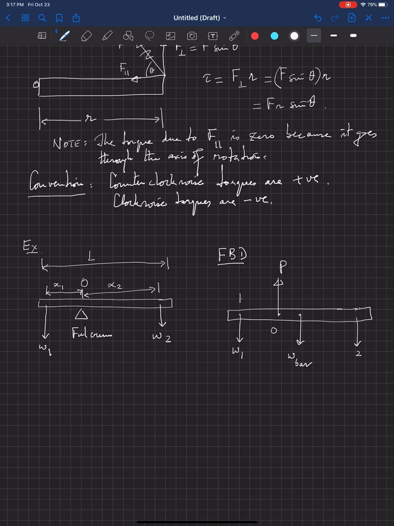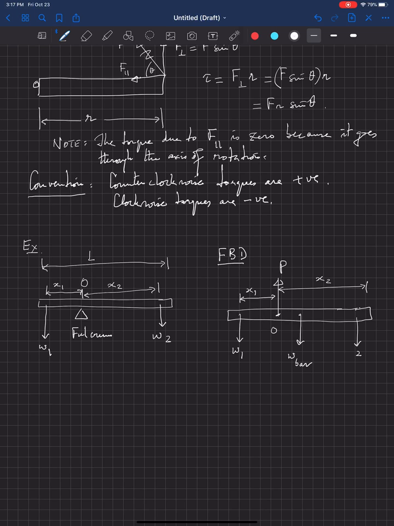W1 is at a distance x1 from the axis. W2, let me put it up here, W2 is at a distance x2 from the axis. Okay, here's the axis coming out of the page.